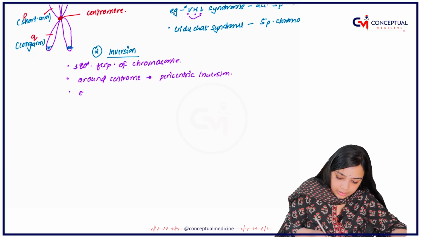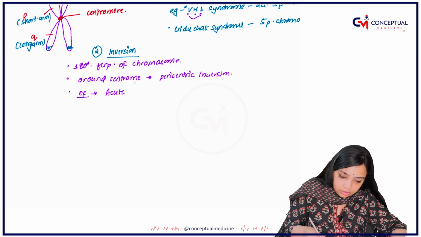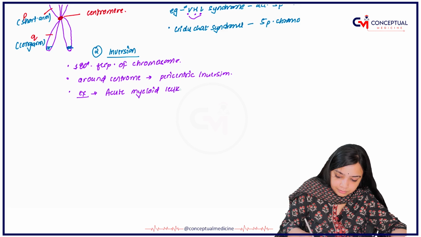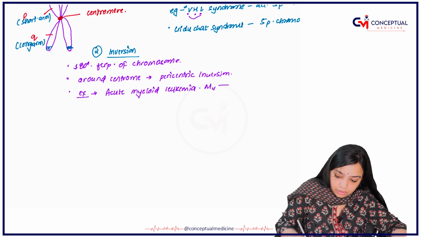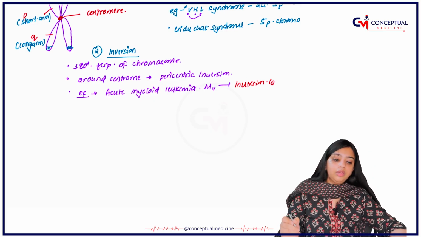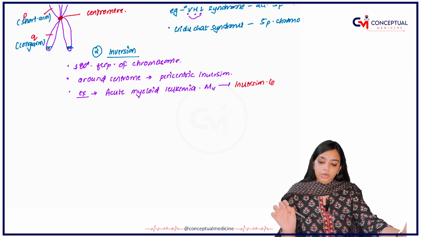If I talk about an example, then you have it in acute myeloid leukemia, M4, inversion 16. Okay, this was about the inversion.